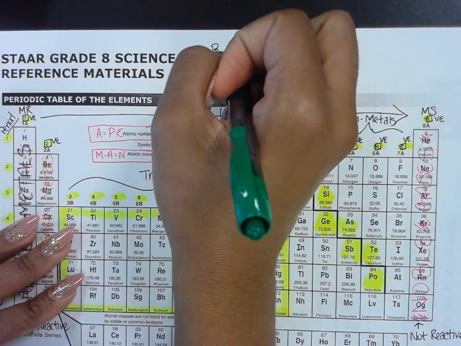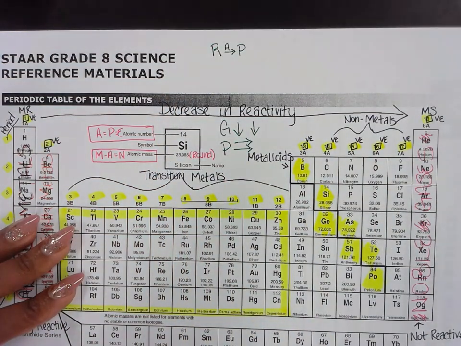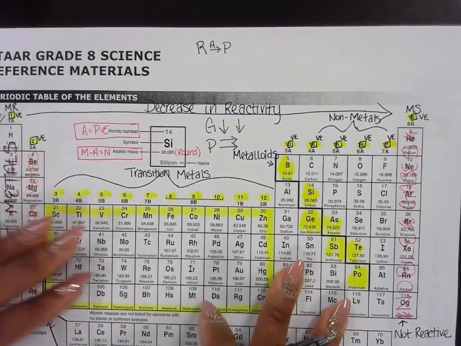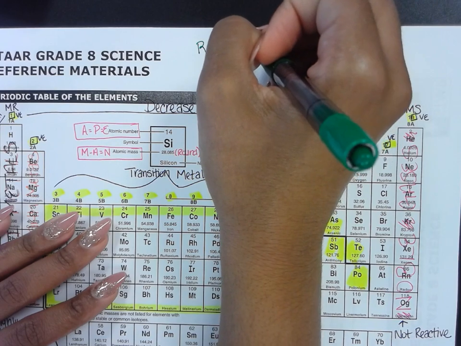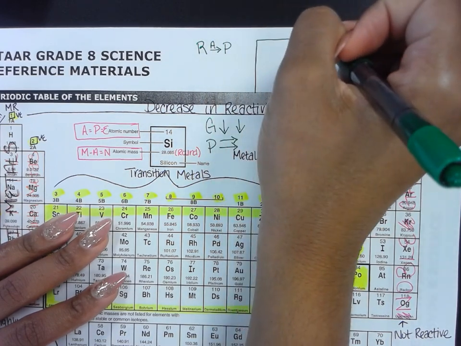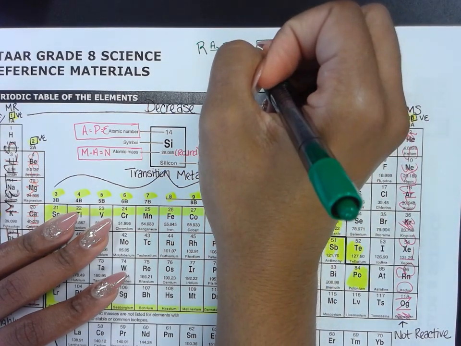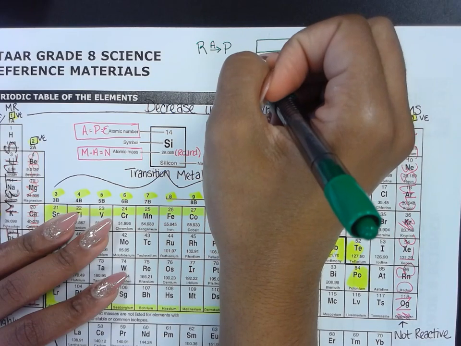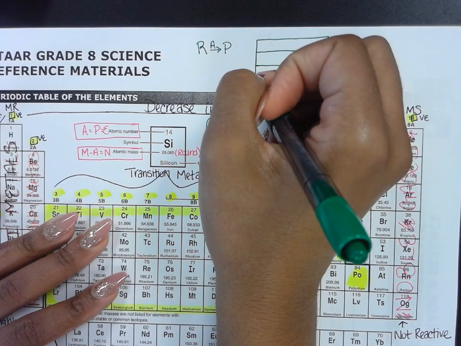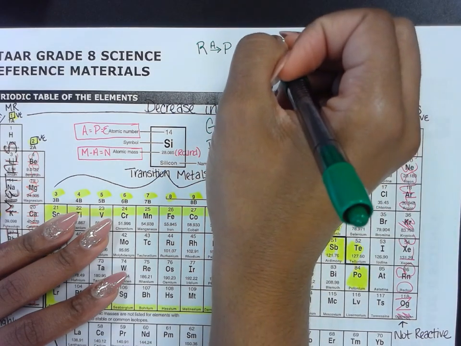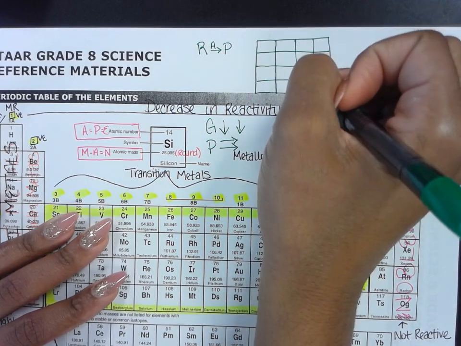Reactants, arrow, and then products. Next up, we have the SMELL chart.